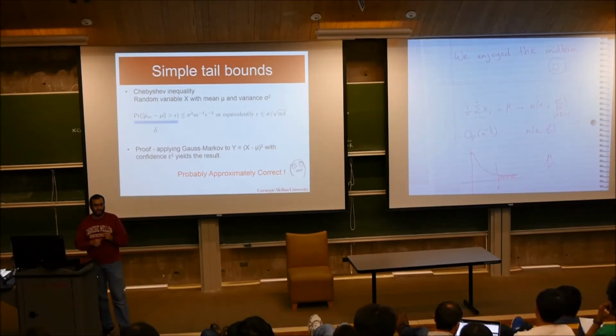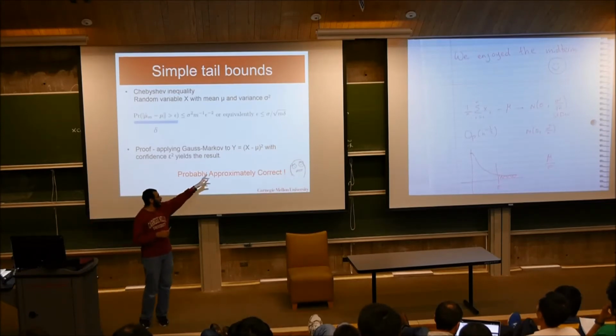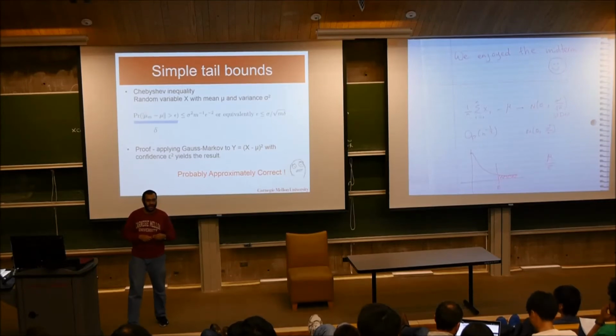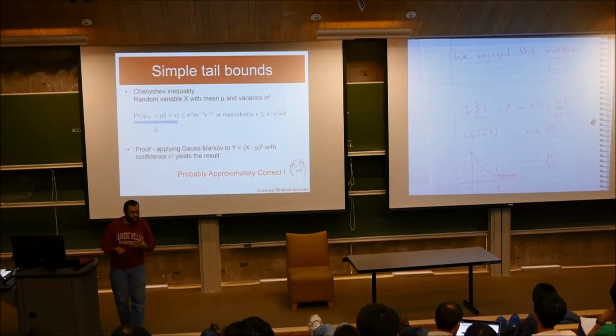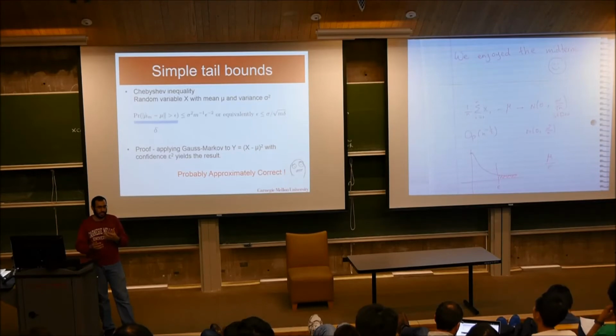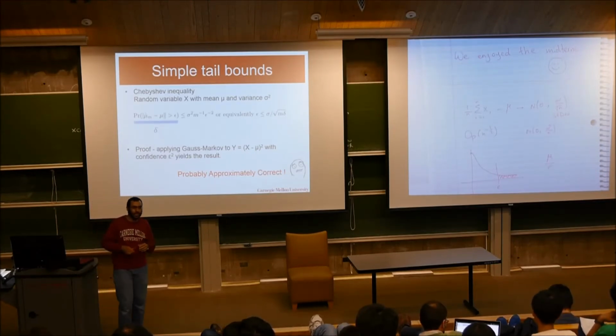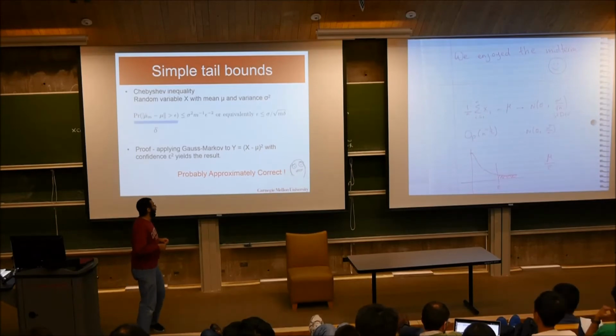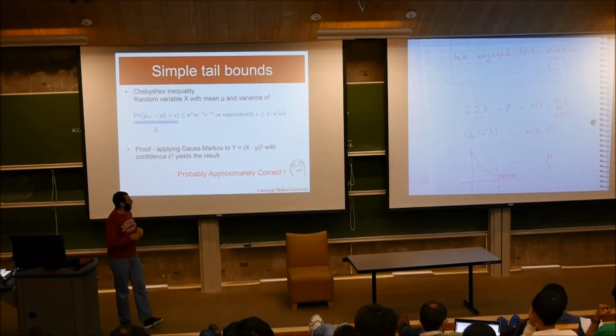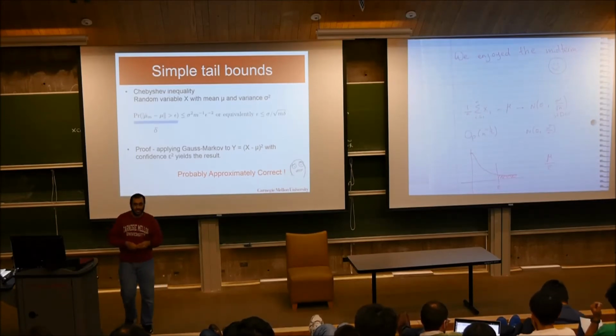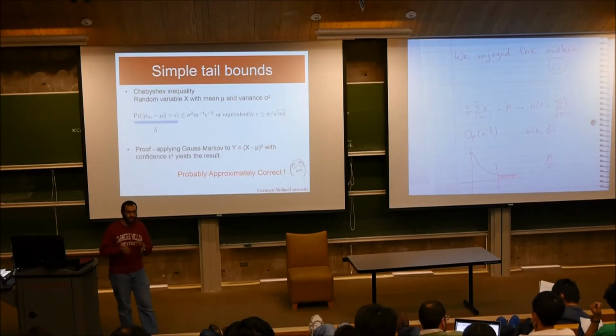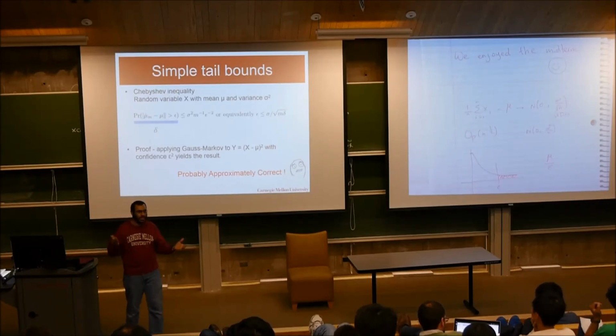Basically, if you want to be more accurate, you need delta to be higher, and that means you are somehow tolerant with respect to being confident of being correct. And at the same time, if you want high confidence of being approximately correct, then your approximation has to be wider.